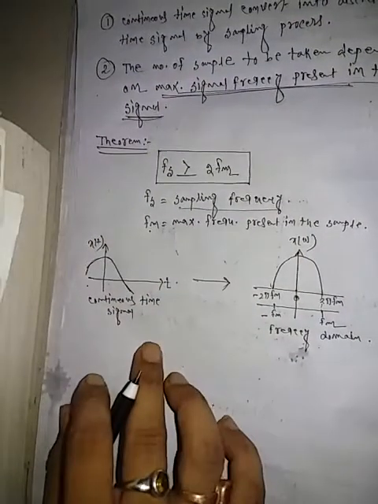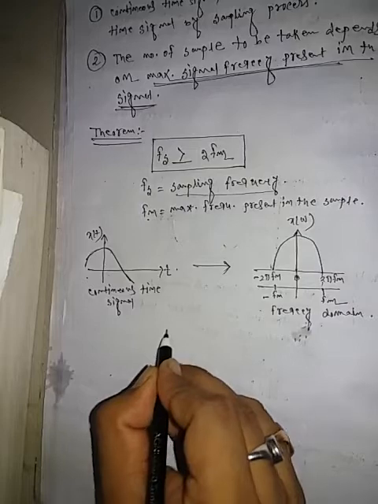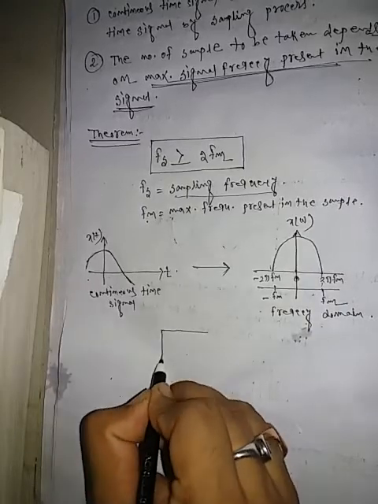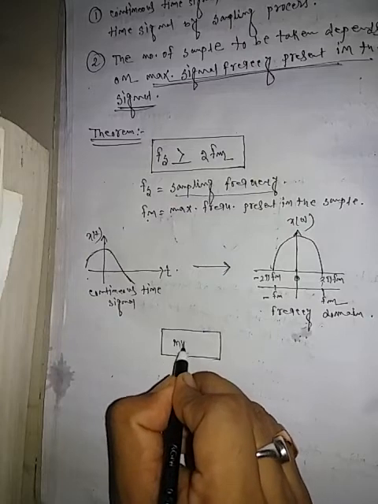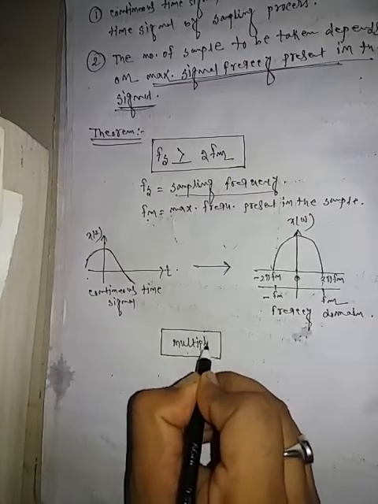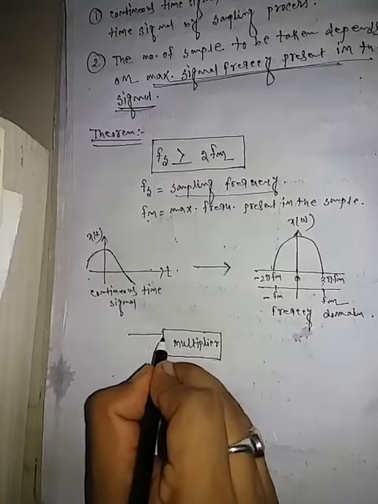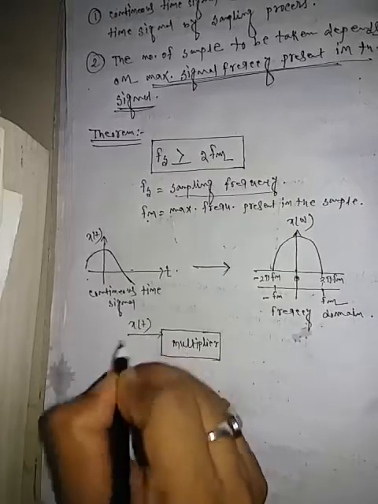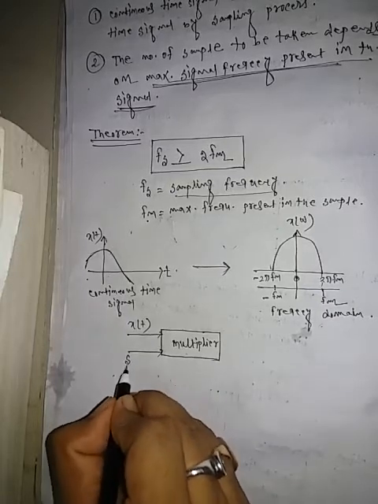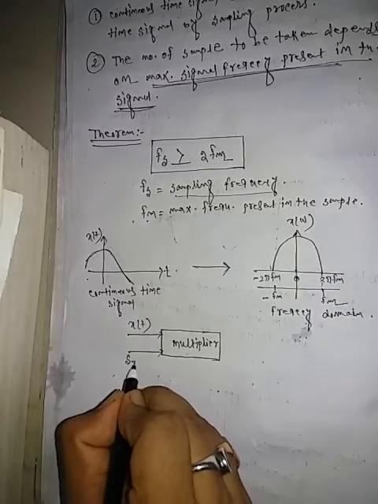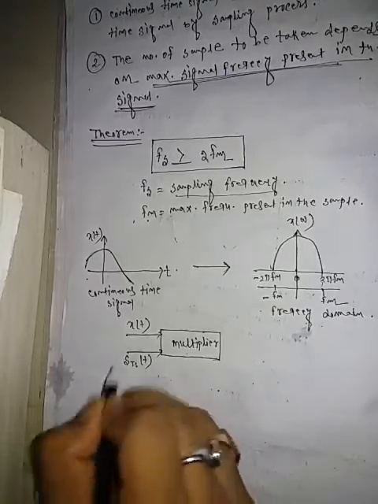How is a continuous time signal converted into a discrete time signal? We use a multiplier, where x(t) is the continuous time signal and delta Ts(t) is called the impulse time signal.